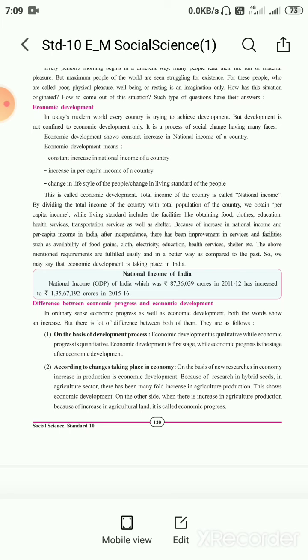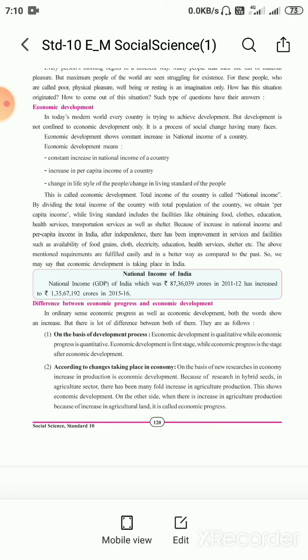Now let us try to become aware about the difference between the two words, economic progress and economic development. In simple meaning, we come to know that both the words indicate increase, but still there is a wide difference between both of them.